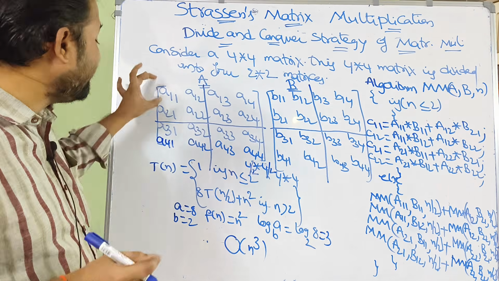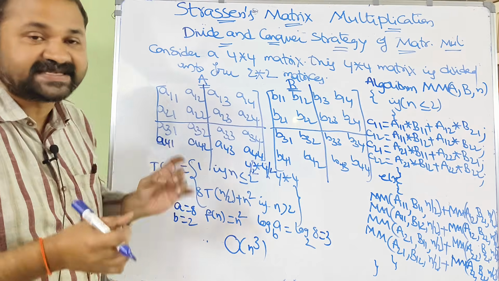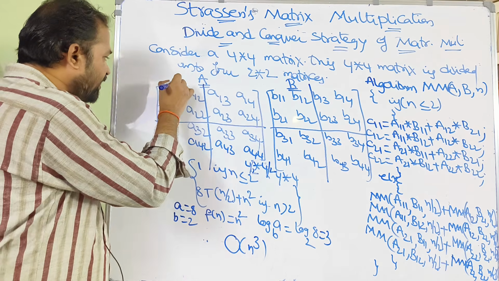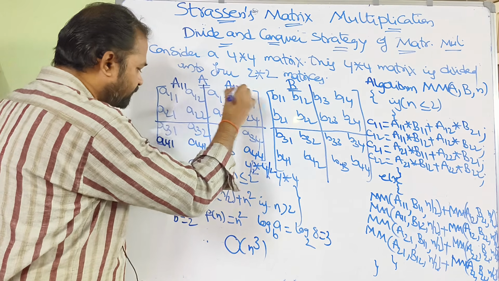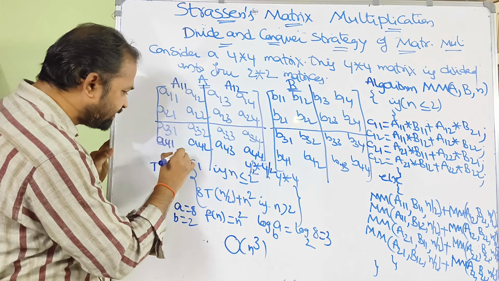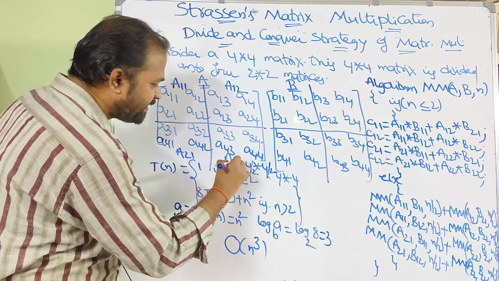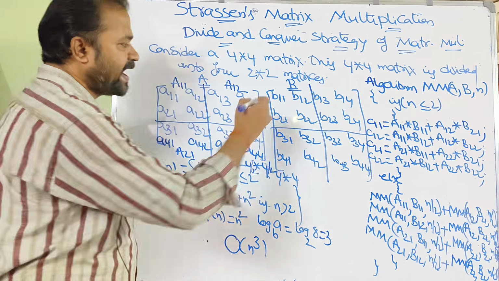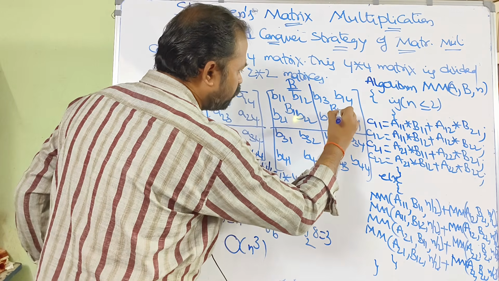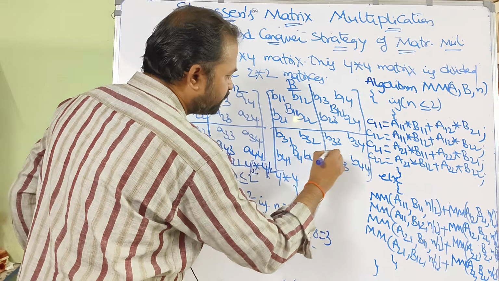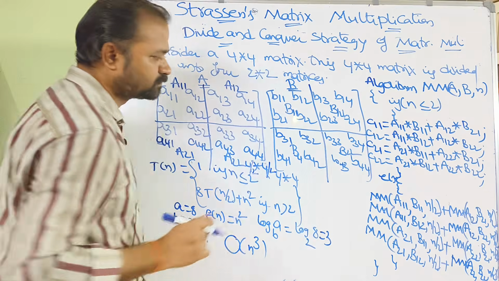Now let us treat each matrix as an element. So let us assume that this is A11, this element is A12, next this matrix is A21, this matrix is A22. Likewise assume that this is B11, B12, B21, B22.